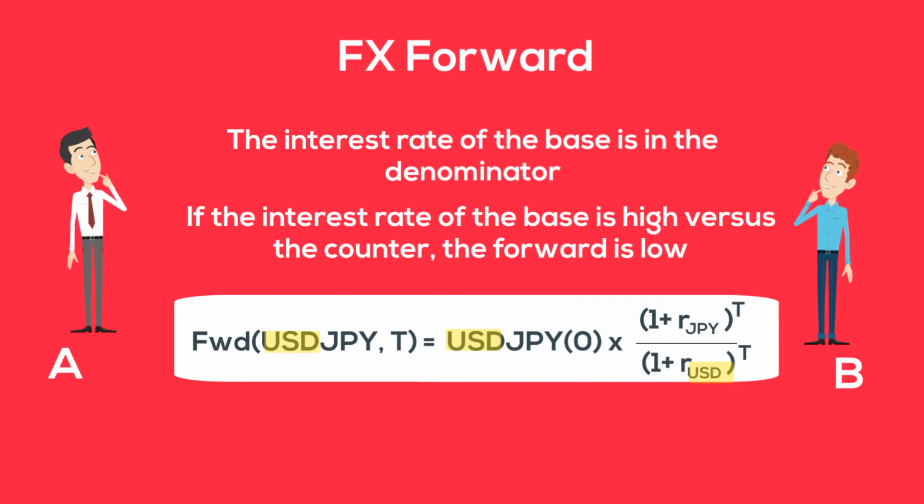So if the interest rates of dollar is high versus the interest rates of Japanese yen, which is the case, the forward of dollar yen will be low compared to the spot of dollar yen. In other words, if a currency has a high interest rate versus another currency, the forward FX rate implies a depreciation of the currency with the highest interest rate. This is typically the case of most emerging market currencies versus the dollar, for instance.